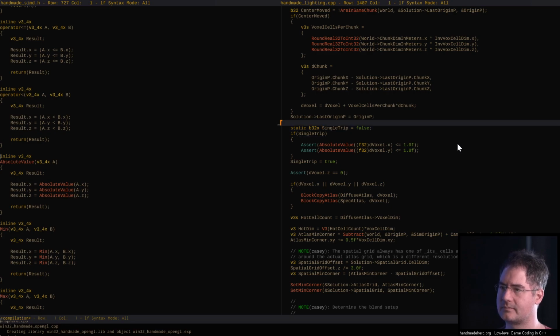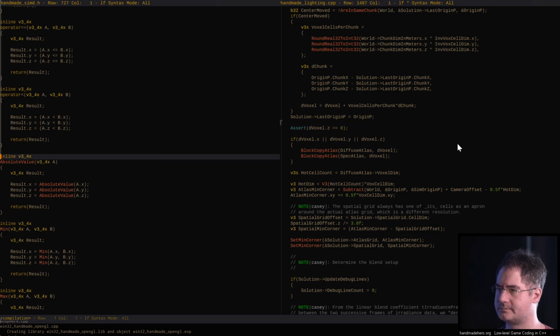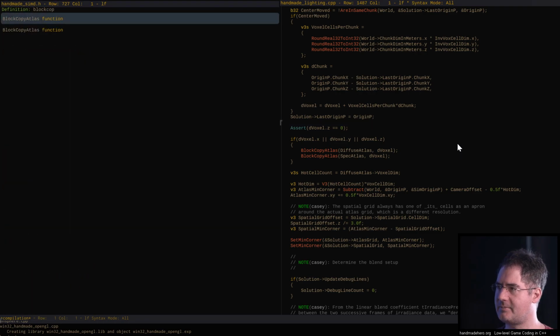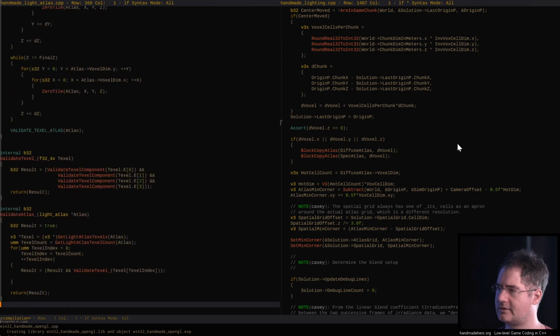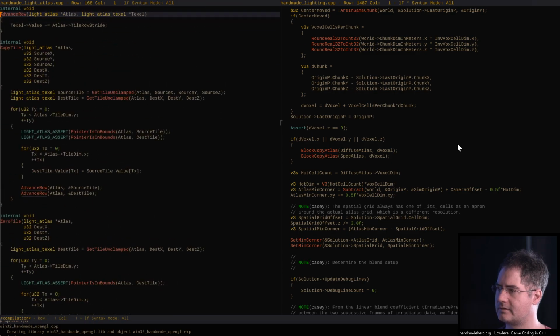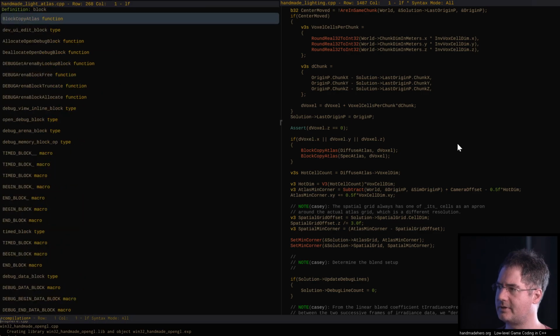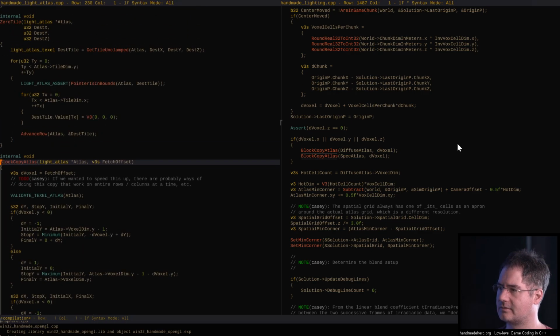Right? And yet somehow we're getting this weird difference. Why are there 2 copies of block copy atlas?